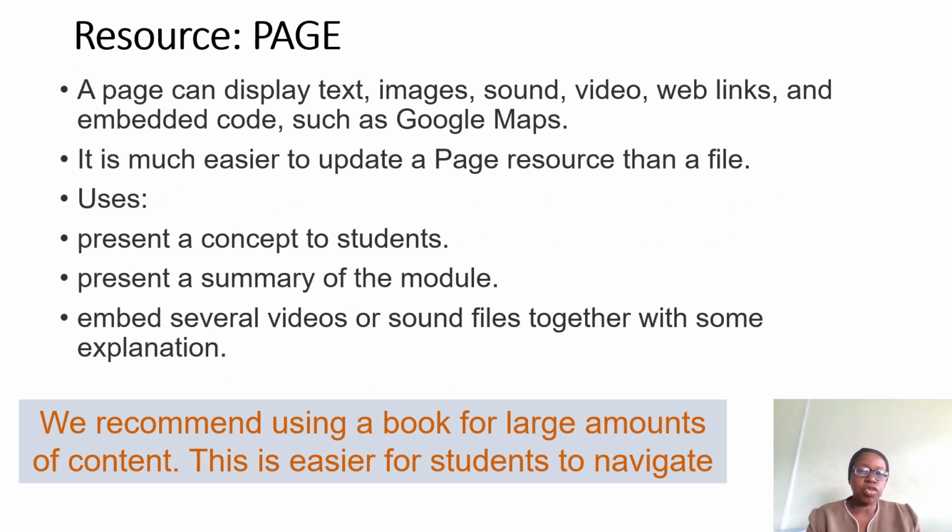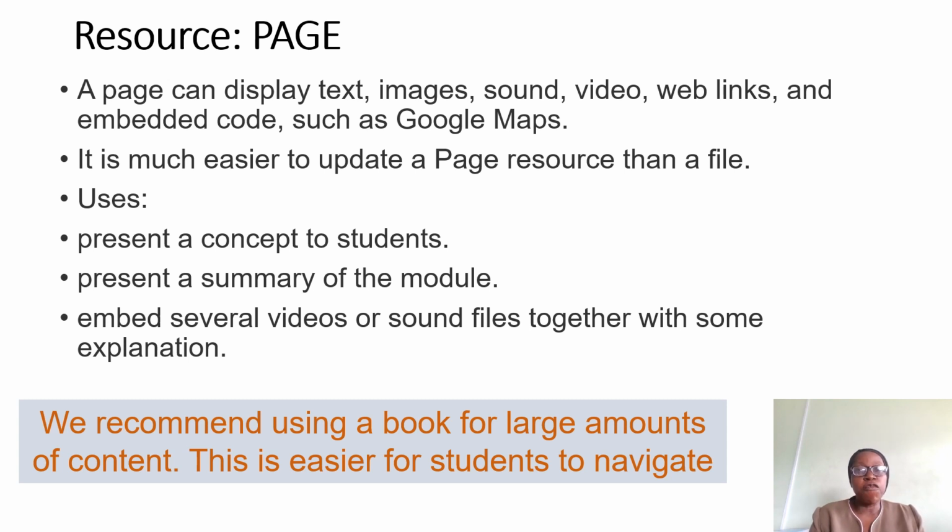Another kind of resource is page. A page can display text, images, sound, video, web links, and embedded code such as Google Maps. It is much easier to update a page resource than a file. So a page is a smaller version of a book.